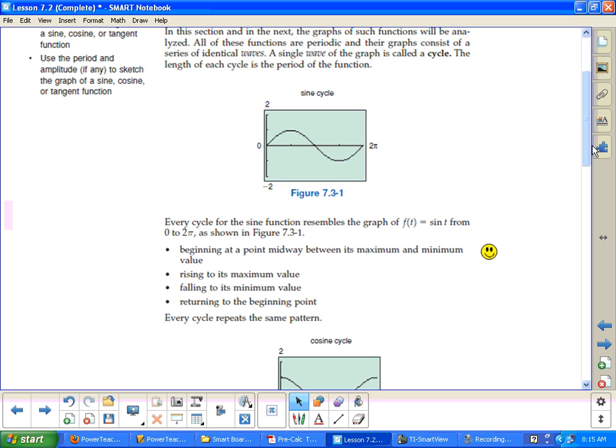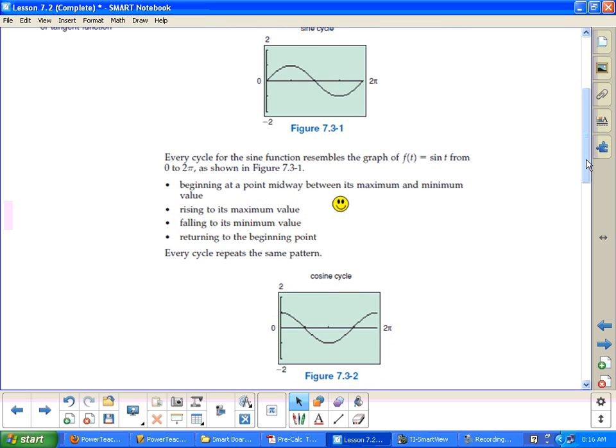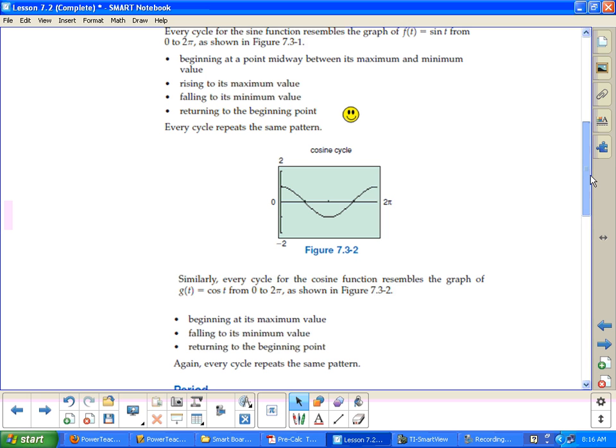So here are some specifics about the graphs of sine that we want to look for. It begins at a point midway between the max and min. It rises to its maximum value, then falls to the minimum value, and returns to the beginning point. Every cycle repeats that same pattern: starts in the middle, rises, falls, and then back to where it started.